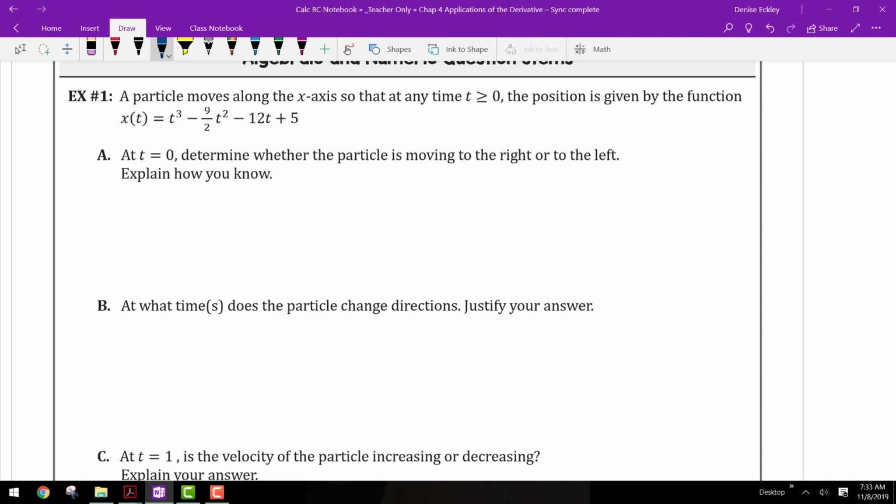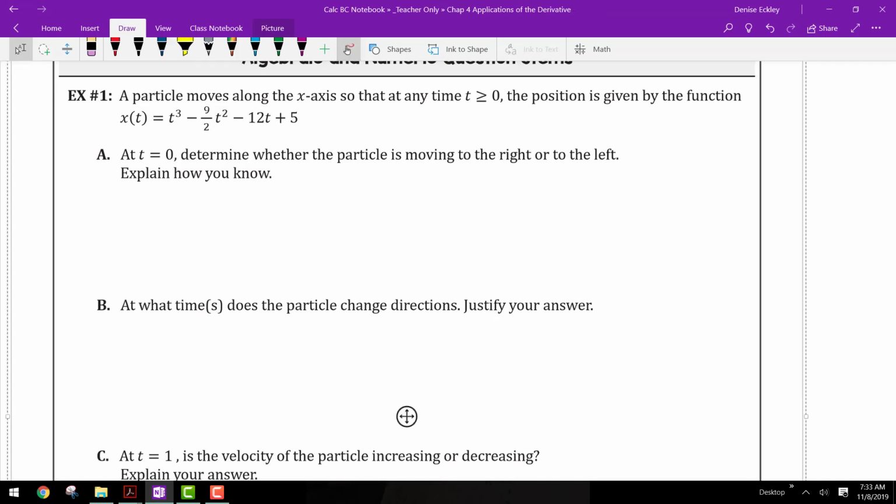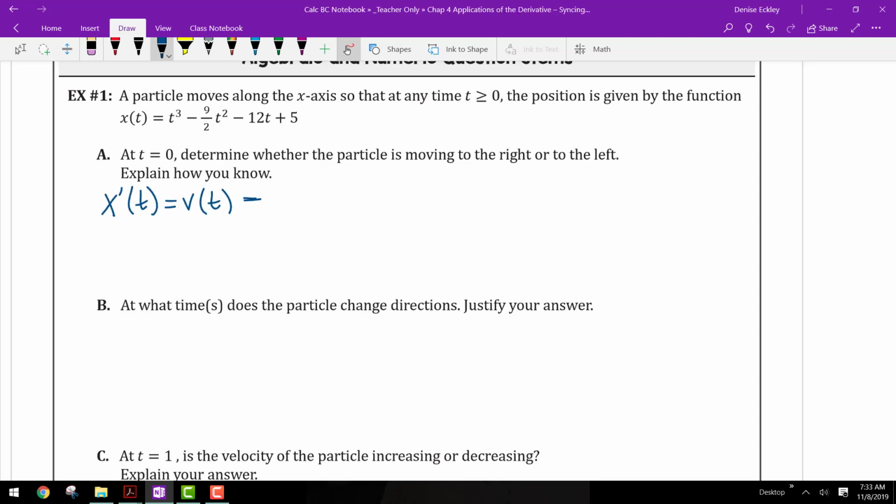So we're going to find x prime of t, and that's going to be our velocity of the particle. So when we do that, we get 3t squared minus 9t minus 12, and we want that value at 0. And when we do that, we get negative 12.